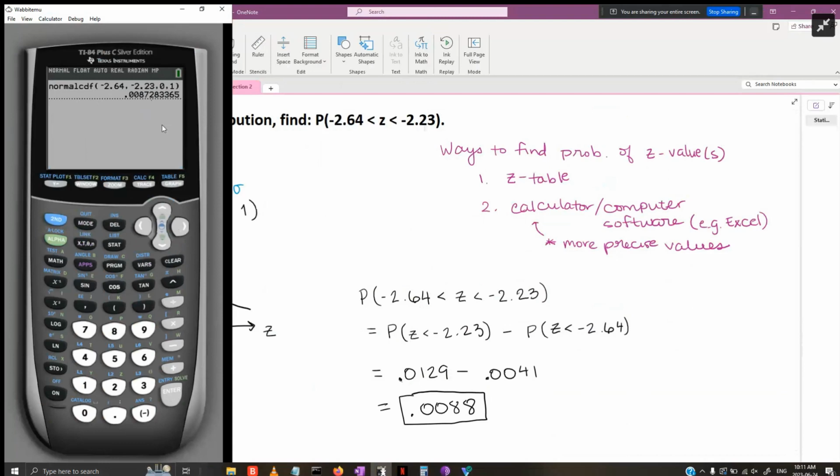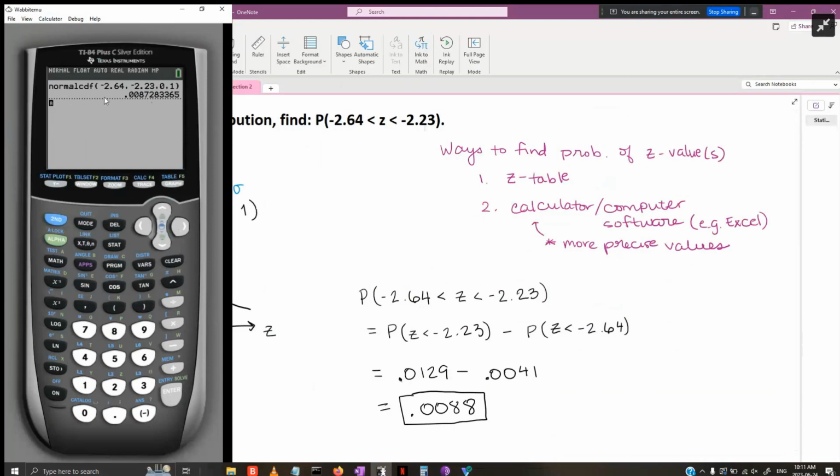But a calculator or computer software will use more digits. That's why I said it's more precise in their calculations. They're not going to just hand you a rounded value. They're going to give you exactly what that number is, even if you don't see more of the digits, because there may be more. So just keep that in mind.